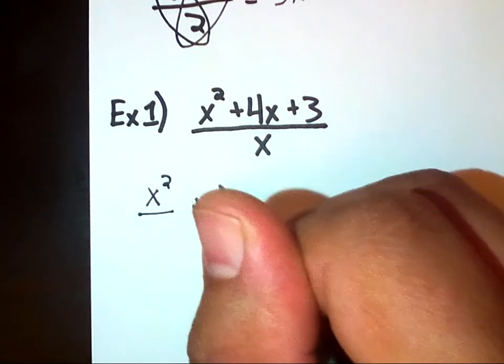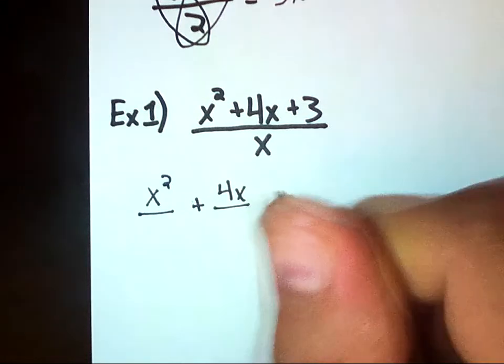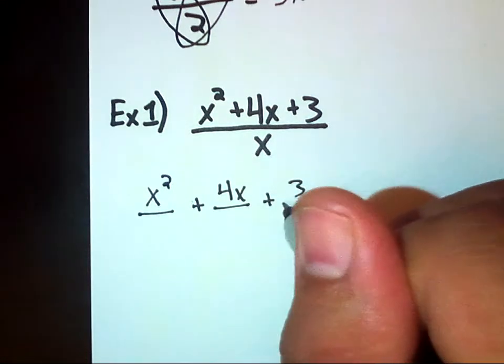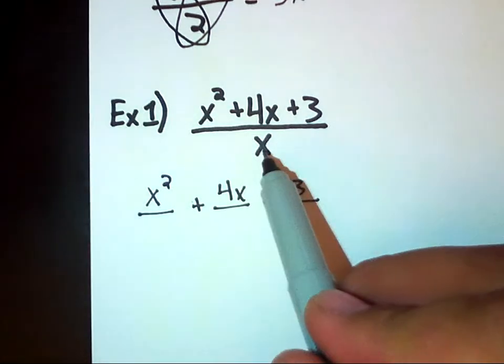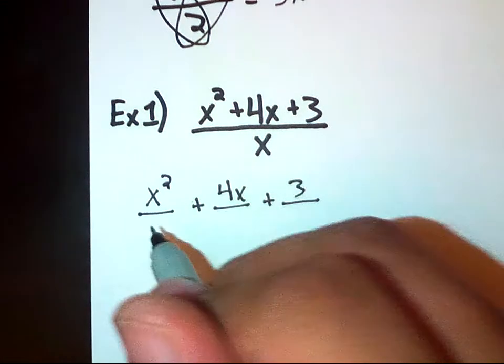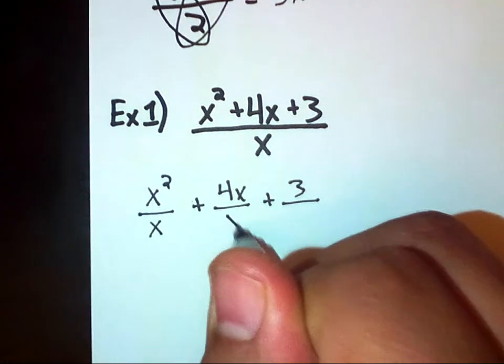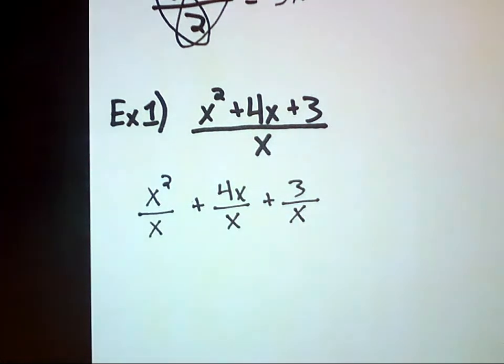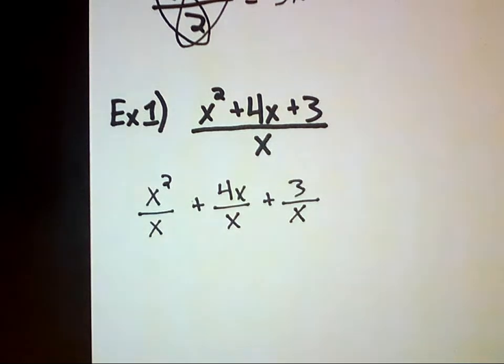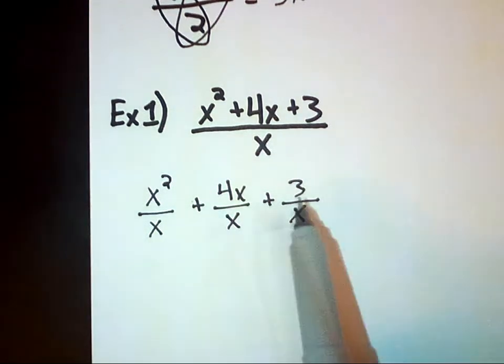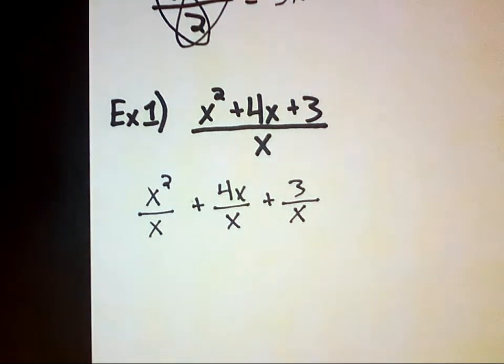So I'm going to put 4x here, and then a 3 at the end. And then the denominator for all 3 fractions becomes x. Now, mathematically speaking, this is actually very okay to do because we're still dividing everything by the one term. This won't work later on when we do 2 terms, but for one term, it works perfectly fine.